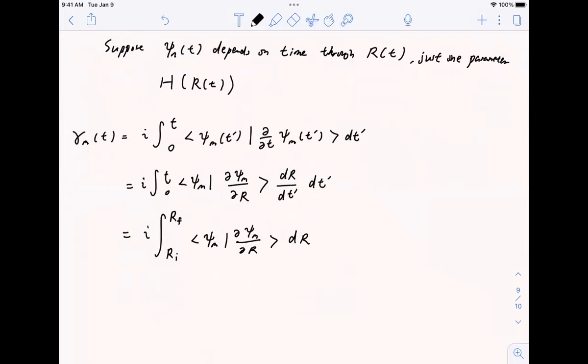Now let's consider a particular case. If R_F equals R_I, then this is 0. There's nothing interesting here. Basically, you start at R initial, you go here, and then you just go back.